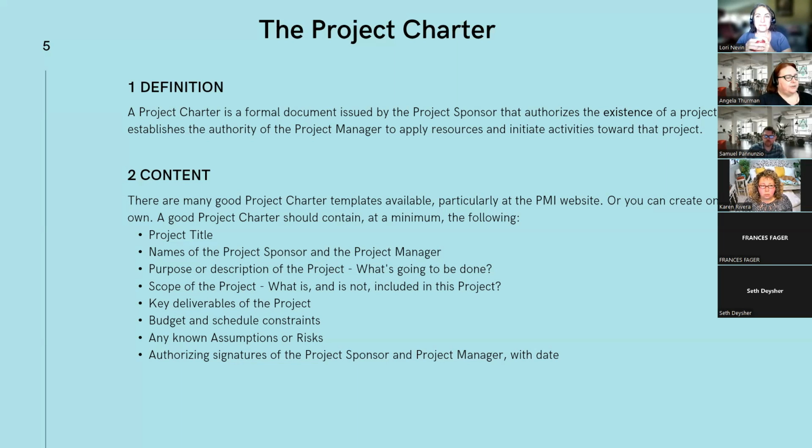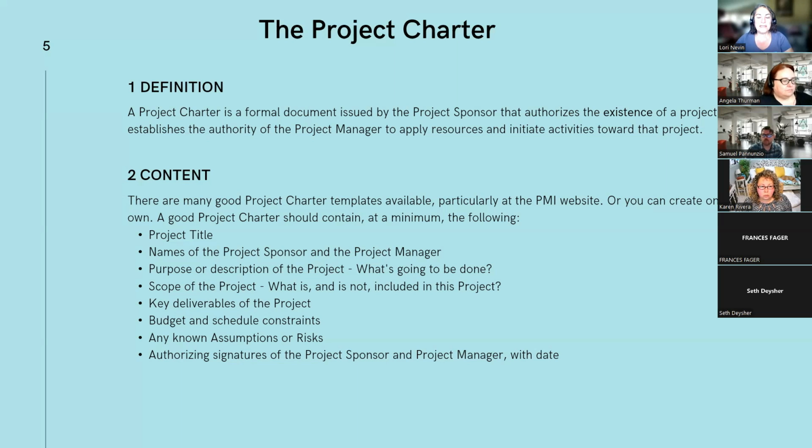Lori, can you think of another assumption that you might want to put in the charter? Hi, yes. It could be who is assigned as team leads that the sponsor has identified already to join the project team.